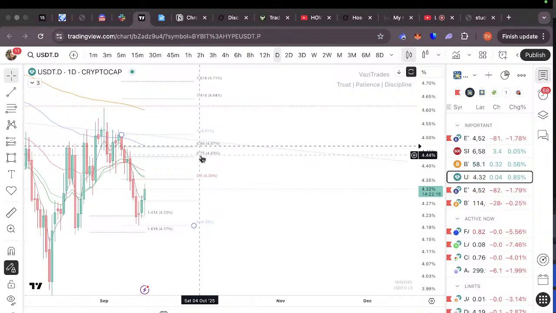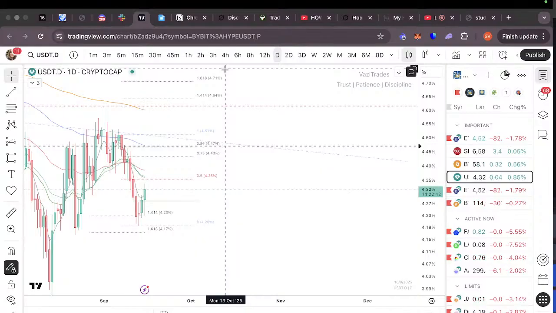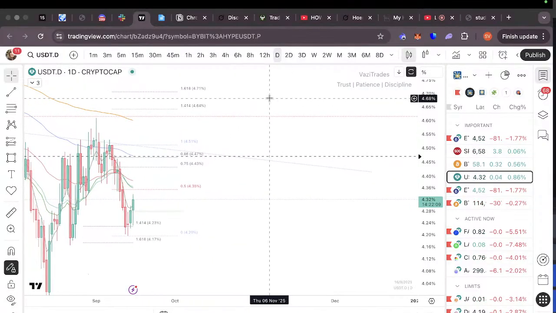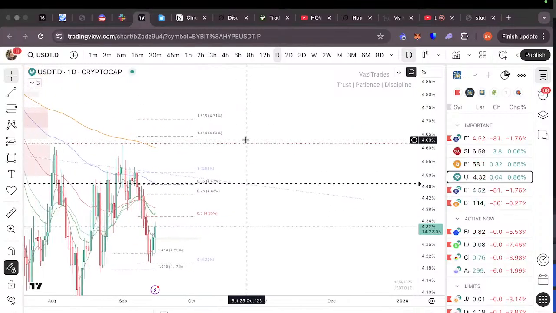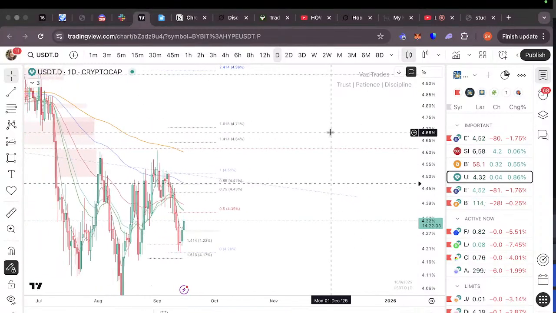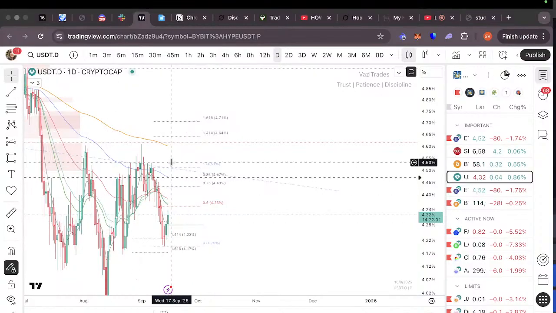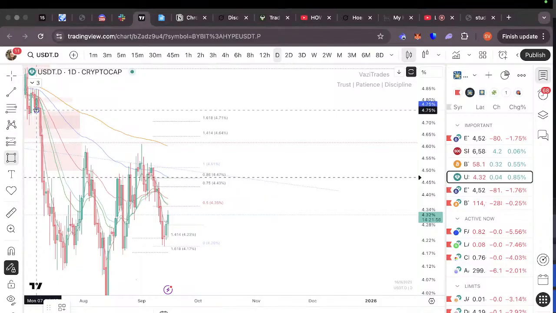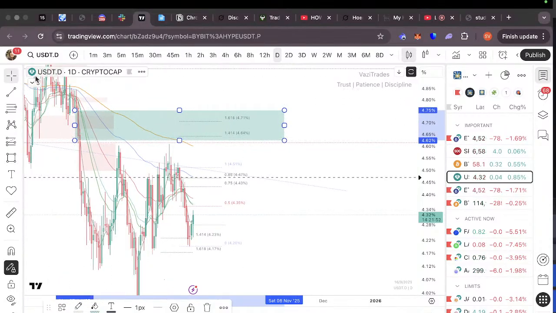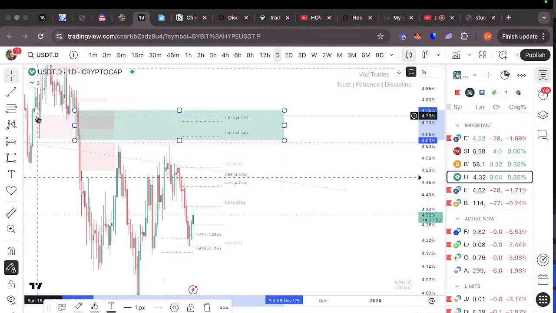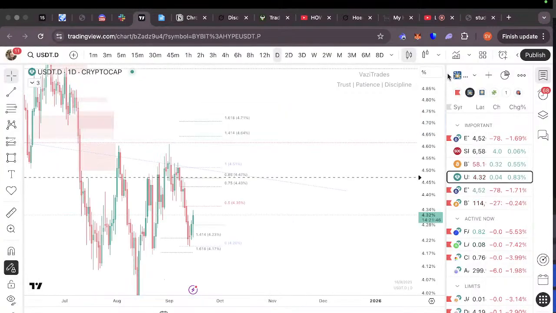Next comes 4.43, 4.47, next very strong resistance. And final one for now is 4.64, 4.71, which also aligns with daily 200 EMA and this bearish order block over here and FVG. So I don't need EMAs right now. So this is the next very, very strong resistance.